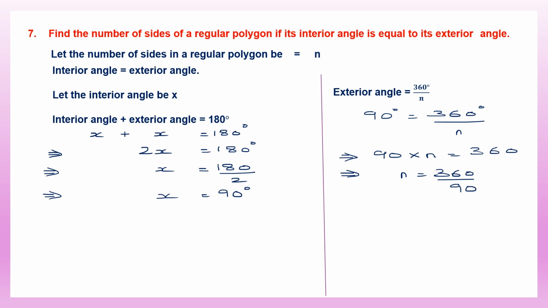Let's simplify by cancelling. 9 4s are 36. So we have found the value of n. n is equal to 4. And what is n? n is the number of sides. So let's write that. The number of sides of that polygon is 4. So this is our answer.